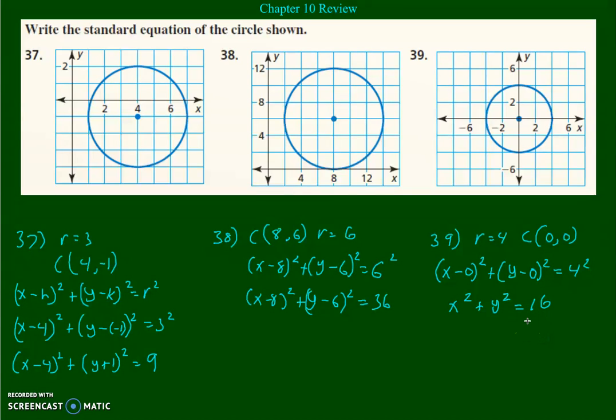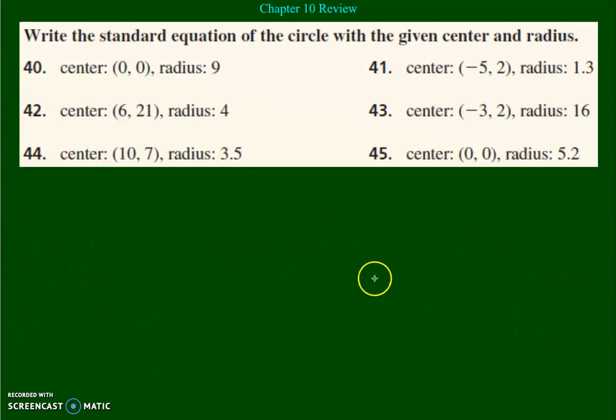Let's move on to problem 40. In these problems, we're just given a center and radius and asked to find the standard equation of the circle. So this is about the same as what we were just doing without the picture. So in 40, again we have x minus h squared plus y minus k squared equals r squared.